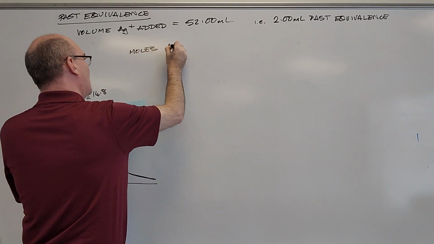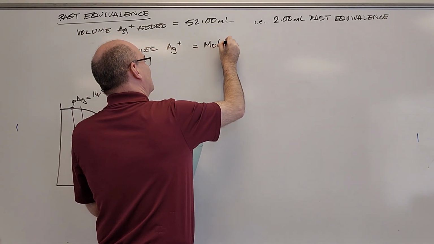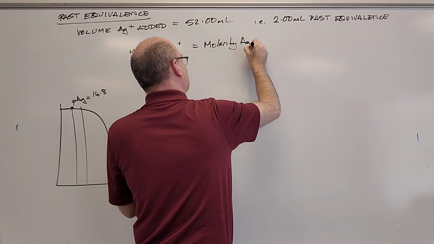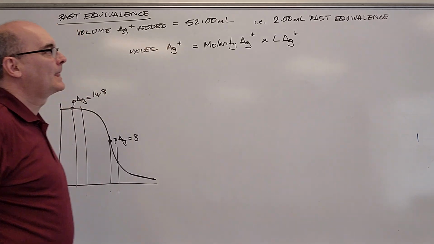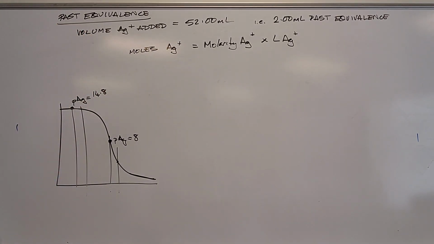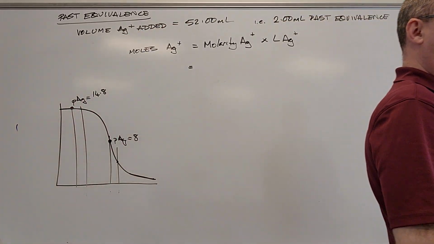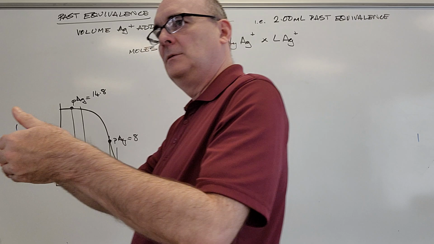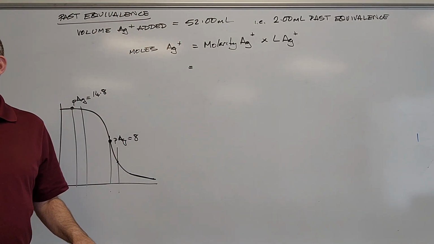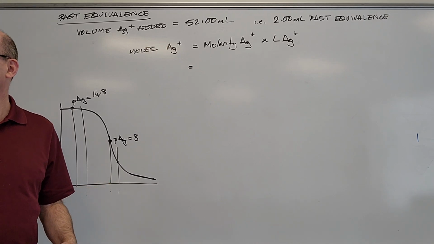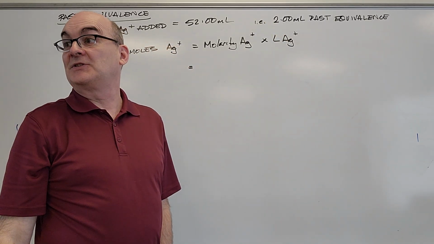Let's look for the moles of silver, which is equal to the molarity of the silver times the liters of the silver. All right, we're past equivalence now. So the number that we're going to use here is that first 50 cancels all the iodide out. It's gone. Precipitated. This is excess.